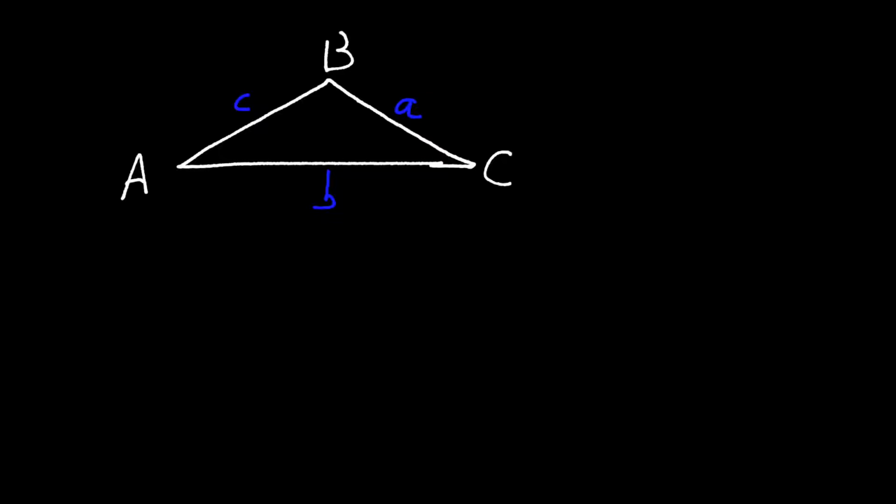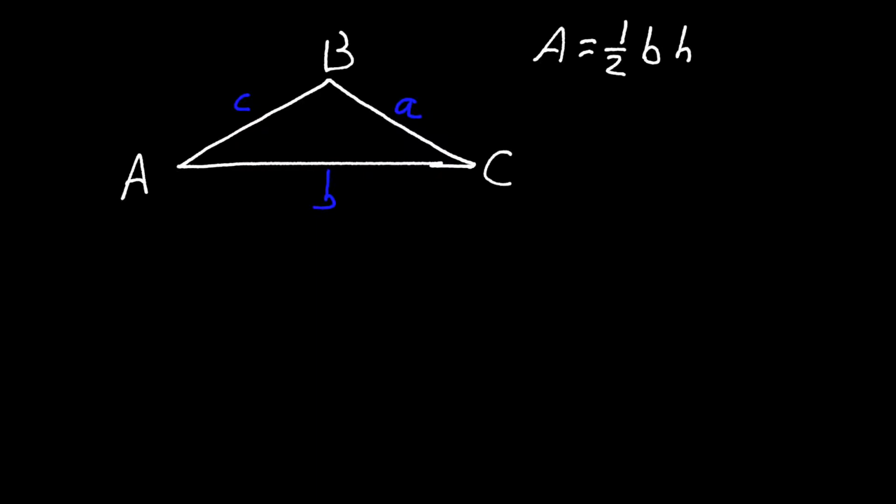So here is my new non-right angle triangle. It is triangle A, B, C. So I have angle A, angle B, and angle C here. And then I have side A, side B, and side C. If I want to find the area of this triangle, we said a moment ago that it's 1/2 the base times the height.